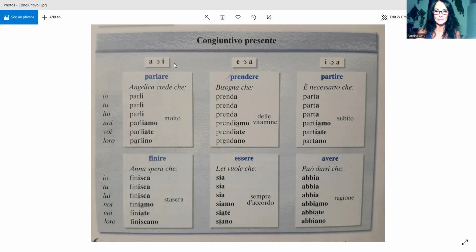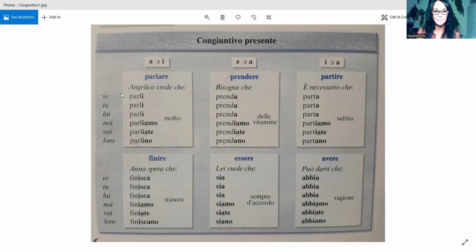But let's see the endings first, and then we can go up to those little symbols, and they will make a little bit more sense. If you've never seen it before, especially, it will look a little bit peculiar. But probably some of you will have had a look at it before.